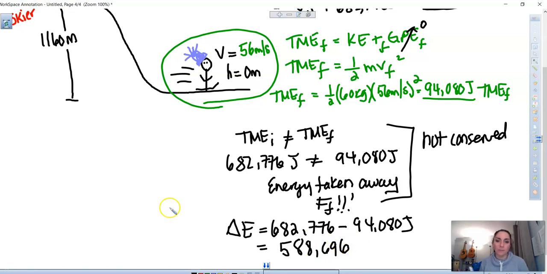Actually, I did this wrong. Although this is correct, change is always the final minus the initial, and I did the initial minus the final. So really, the answer should be negative, because I lost energy if I flip these two around. So I just want to make that correction. So negative.